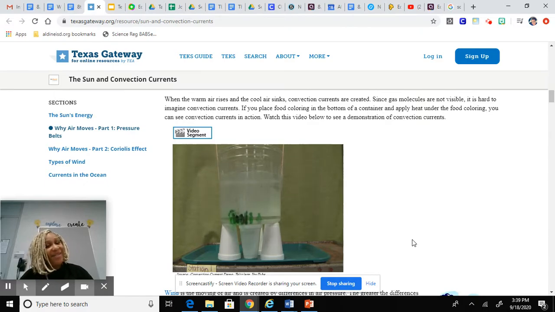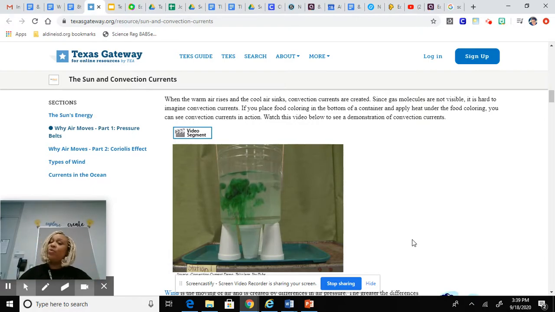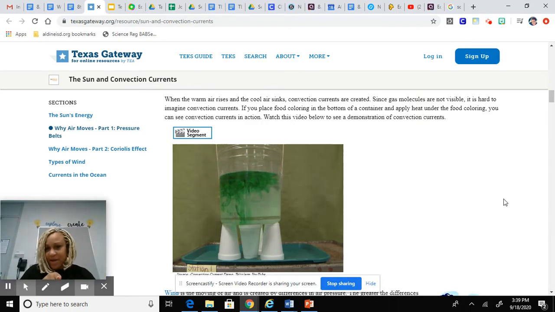So as the food coloring begins to heat or warm up, notice what it is doing. It is rising, okay? But before it was cool, so it was staying where it was, right? Cooler air sinks, warm air rises. All right. Please do not try that at home unless you ask your parent and have supervision.